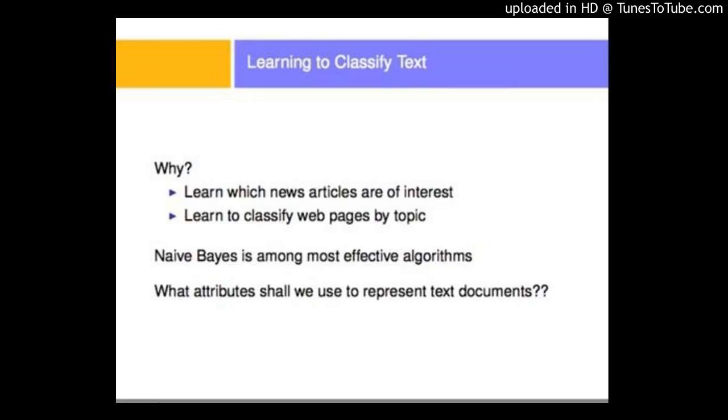So I do it here. Say the new sentence is "I hated the poor acting." If the value is positive, I'm going to multiply the probability of positive times the probability of I given positive, because that's the first word, then the probability of hated given positive, the probability of the given positive, the probability of poor given positive, and the probability of acting given positive. I get a value of 6.03 times 10 to the negative 7.